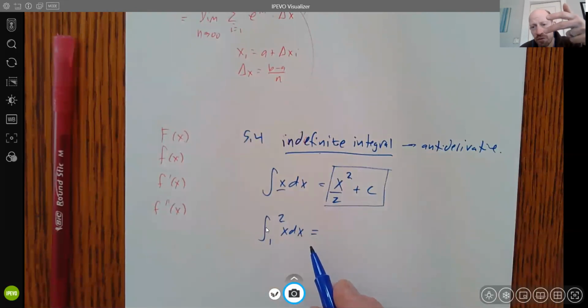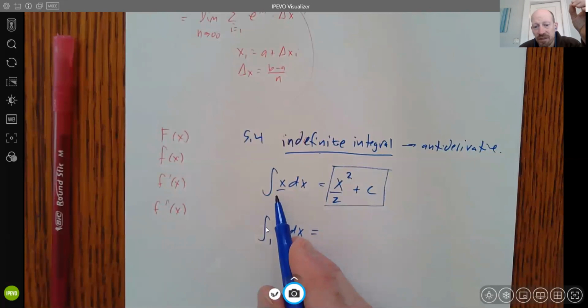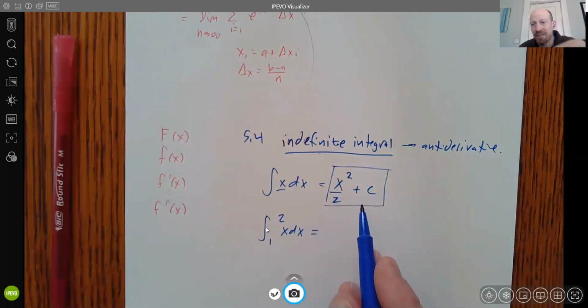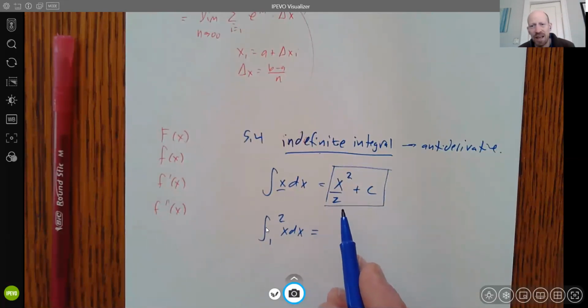All 3 of those are options, and they're all going to give me the same value, whatever number this is. This is a whole series of functions, x squared over 2 plus different constants. So the answers there are totally dissimilar things. They're not even barely related to one another.